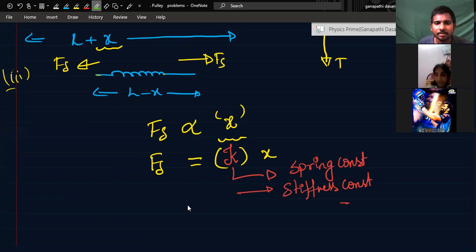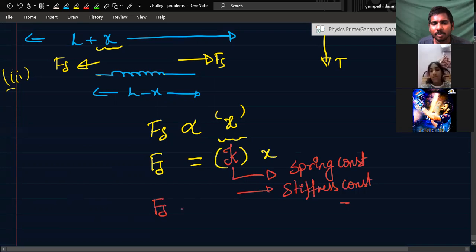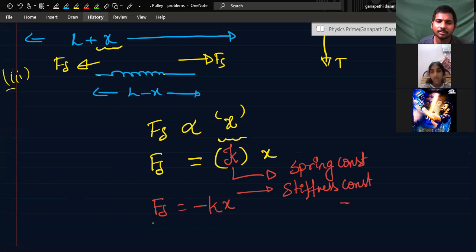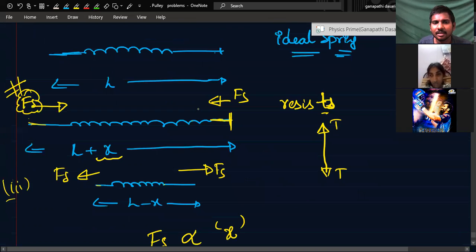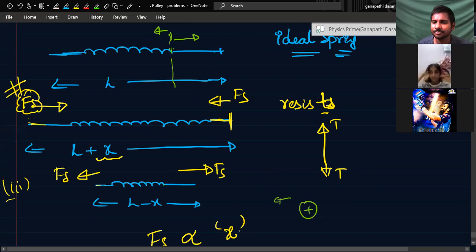But in textbooks, sometimes you will find the spring force to be minus kx. What does this minus indicate? If I take this to be the original position and I displaced the spring in the right side direction, the spring force is in which direction? Left side. That means if the displacement is positive, spring force is negative.